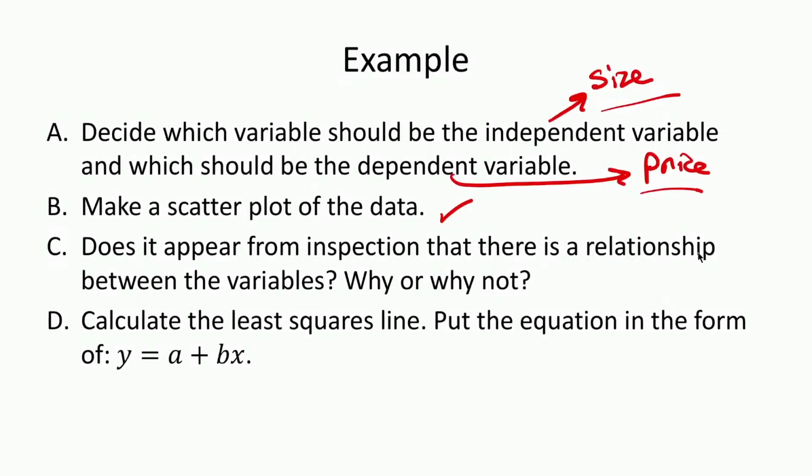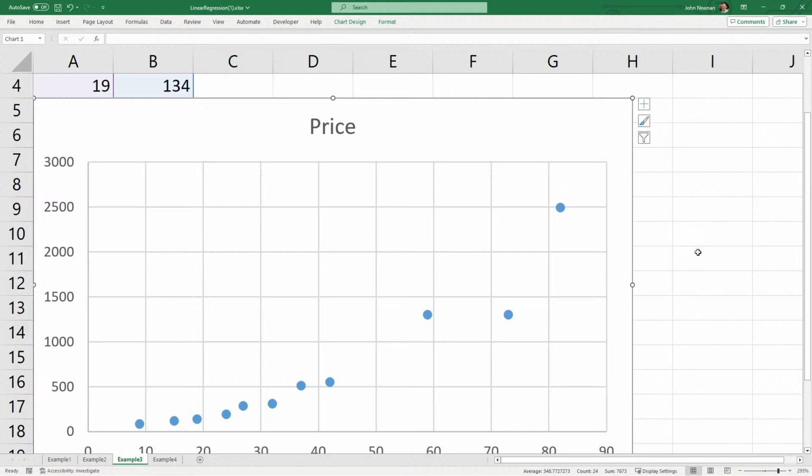So I'll toggle back and forth. Next thing, do you think there's a relationship between the variables? Take a look at my scatter plot if you were too lazy to make your own. Does it look like there's a relationship between the variables? What do you think? Yeah, seems like there's a relationship, doesn't it? But here's the thing that's interesting about this one. This doesn't look like a straight line, does it?